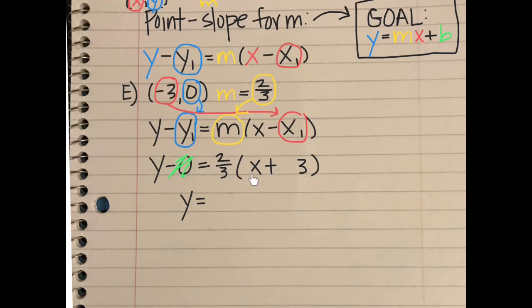So 2/3 times x is really easy, because what that looks like, math-wise, is just 2/3 next to an x. And now you've got your slope, right? 2/3 becomes that yellow slope, because it's right next to x. The next thing we need to do is multiply 2/3 times positive 3.